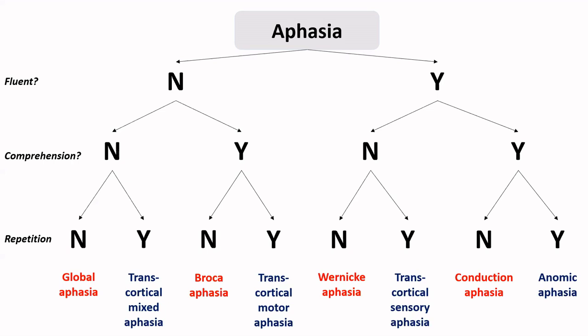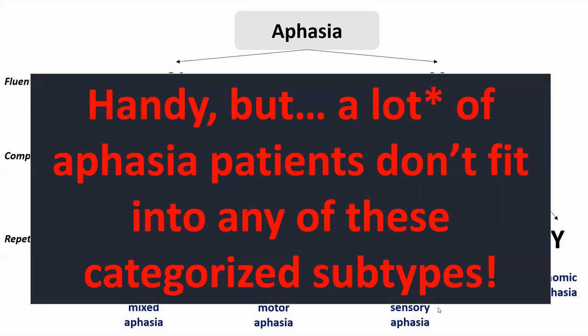This is the Boston classification of aphasia. So as I said, it's a beautiful model because everything comes together: aphasia, the site of the lesion, and so on. It's very handy, it's beautiful, but in practice, a lot of patients with aphasia simply do not fit into any of these categories.